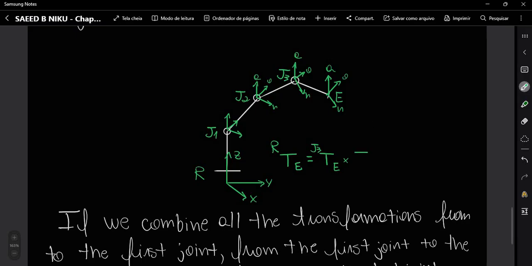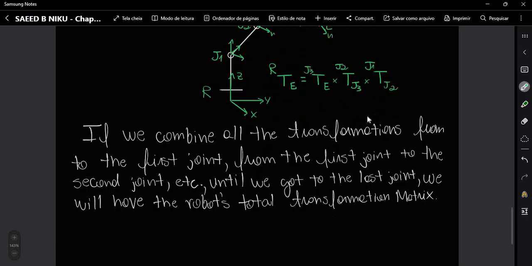So now we can write a transformation of the frame J3 in relation to the frame J2, and we can also write a transformation of the frame J2 in relation to the frame J1. Okay, and this is what is being said right here.